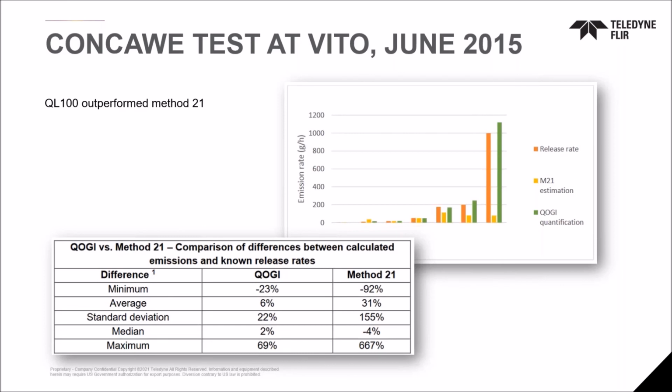A sniffer, which is the gold standard, a toxic vapor analyzer, in quantification, even telling the sniffer where to go, had an average difference of 31%. Sorry, I was looking at the wrong line. So if you think about that, from 6% to 31%, we were over 5 times better than a sniffer, even telling a sniffer where to go.